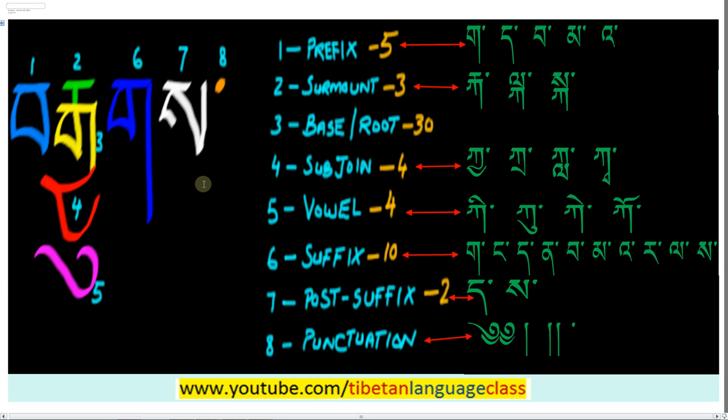And then the last one is the punctuation mark, and we have a couple of punctuation marks. I think these are called yingo. Generally these are written before you start a sentence. And then these are called jikshe, and if you have two of these, these are called nyishe, but if you have one, jig is one, right?